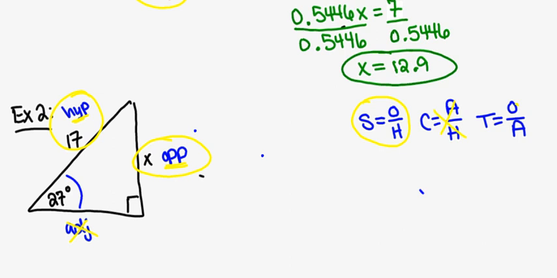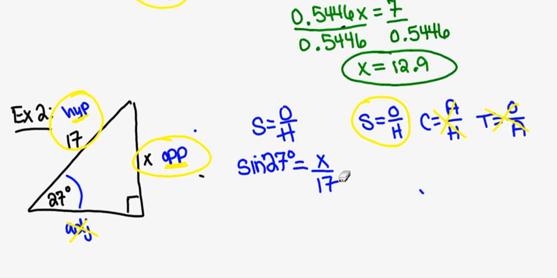So I like the sine function for this question. This is a sine problem. So sine of my 27-degree angle is equal to the side opposite, which is x, over the hypotenuse, which is 17.